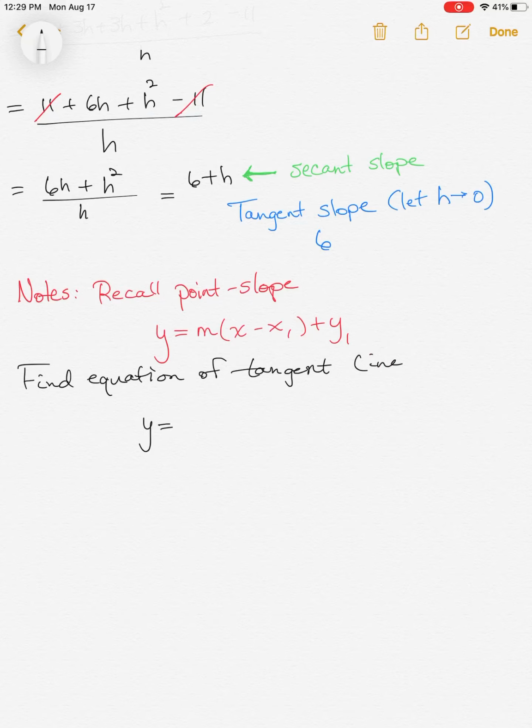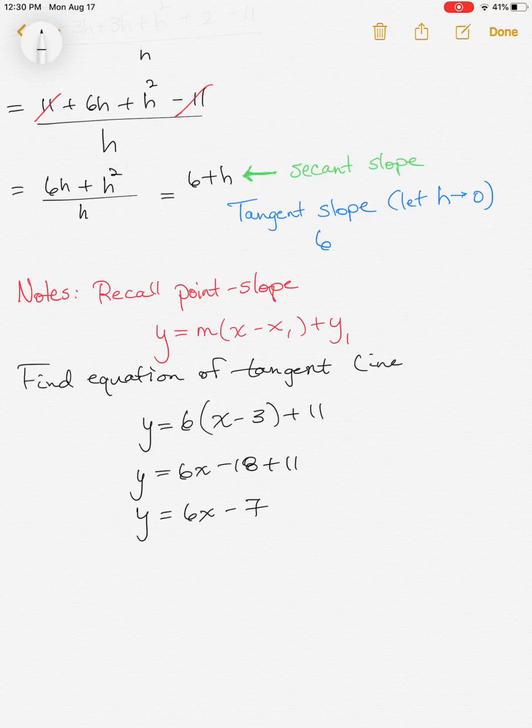So we have y equals the value of the tangent slope, 6, times x minus the x1, which was 3, plus y1, which is 11. Equation found. That's in point slope form. If we simplify it down to slope intercept form, you have 6x minus 18 plus 11, y equals 6x minus 7.